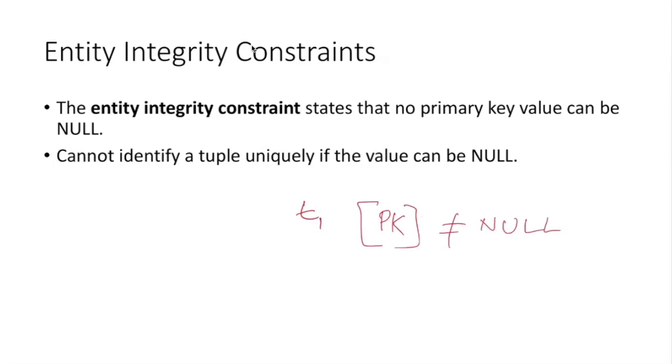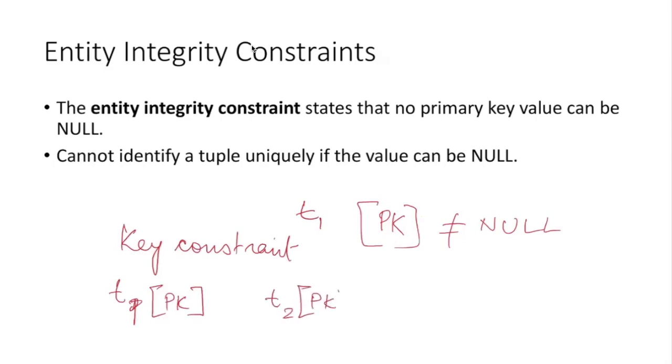Now, if you relate this with the key constraint, if I have two tuples, T1, this gives me the value of the primary key for tuple T1, and I have another tuple. The value of the primary key of this cannot be the same. This is the key constraint. And the primary key of any tuple cannot be null. So this is the entity integrity constraint.